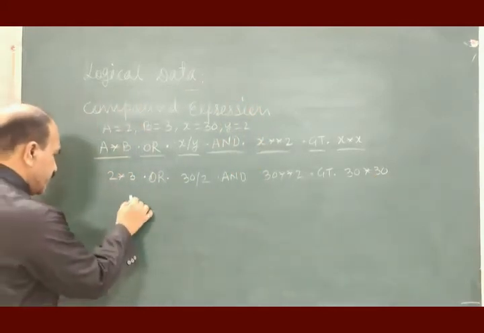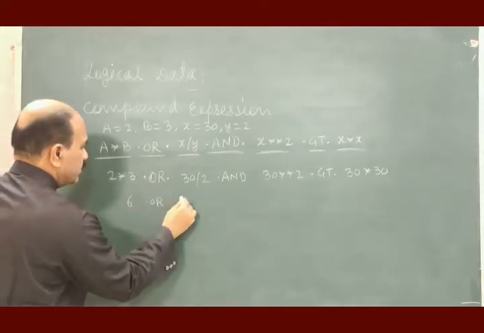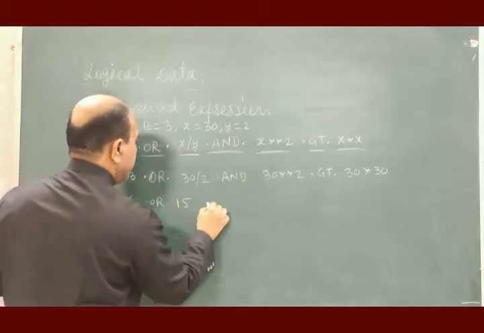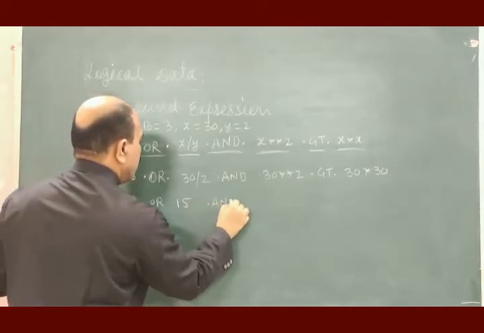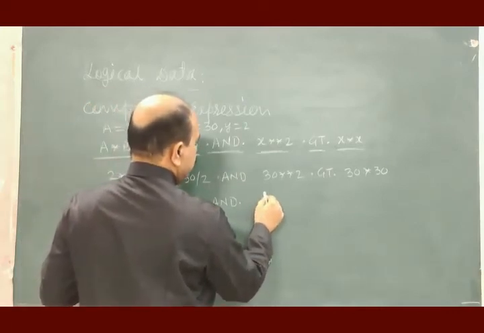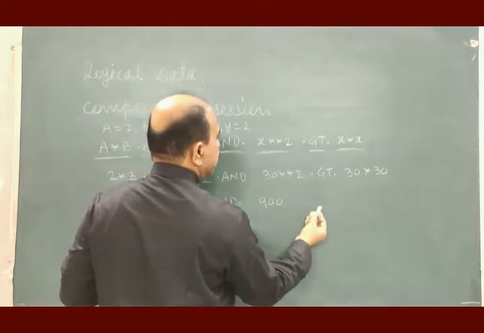What is this? 6 or 15 and 3 3s are 9, it is 900.